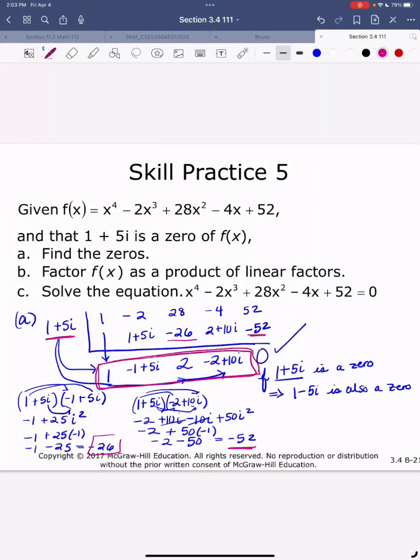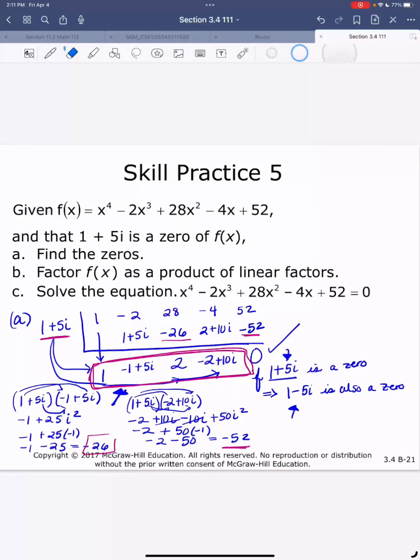So we'll see here how we can handle this. I know that the zeros, when we work with complex numbers, come in pairs, conjugate pairs. So what I have is that 1 plus 5i is a 0, which implies 1 minus 5i is also a 0.